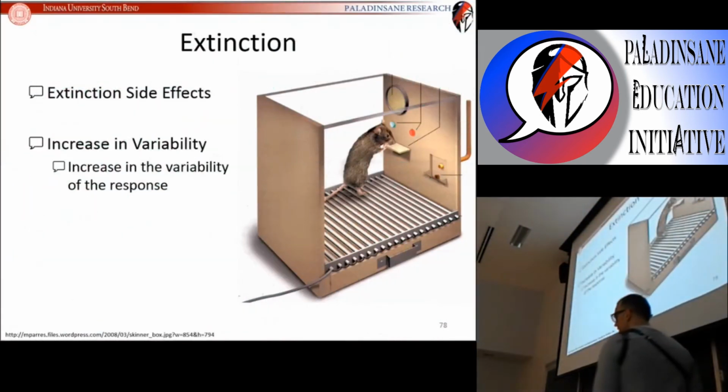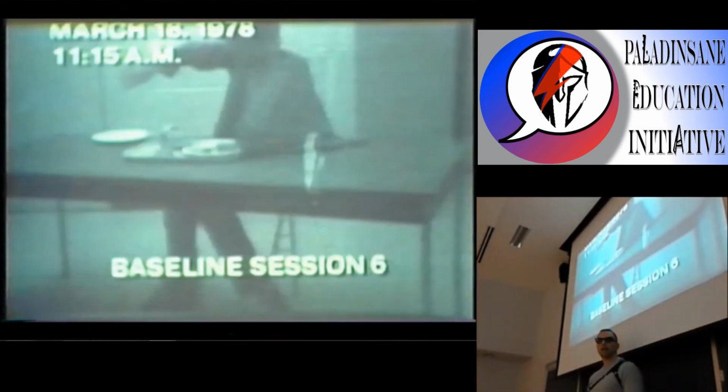We also saw increases in variability during Harry's extinction procedure. So primarily, at the beginning, Harry would self-abuse, and he would self-abuse with his hand. Occasionally he would bite himself, but not very often. And then when he was going through the extinction procedure, other behaviors that did not show up previously all of a sudden came out.